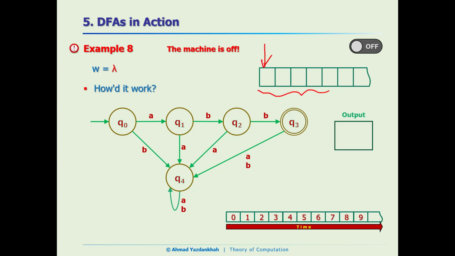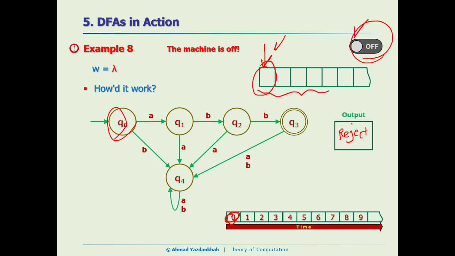So the configuration will be nothing written on the input tape. The head or cursor will point to the leftmost cell, which is still empty, and this will be activated, and the output shows reject. When we start the machine, what would happen? Immediately, the cursor is pointing to the empty cell.